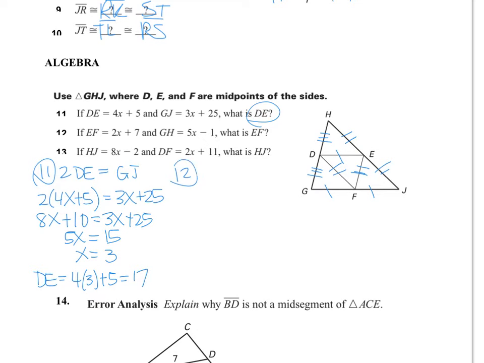Number 12, EF is a midsegment, so it takes 2 EFs. GH is the side, so 2 times (2x plus 7) must equal 5x minus 1.